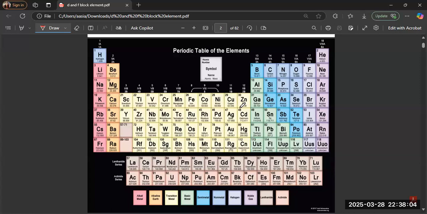So basically, D block elements are the elements in which the outermost electron lies in the D subshell. That type of elements are known as D block elements, like from group 3 to group 12: scandium, titanium, vanadium, chromium, these all.